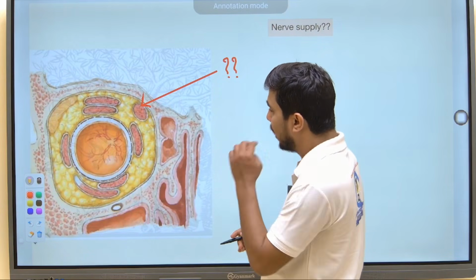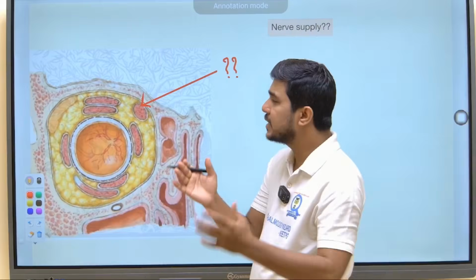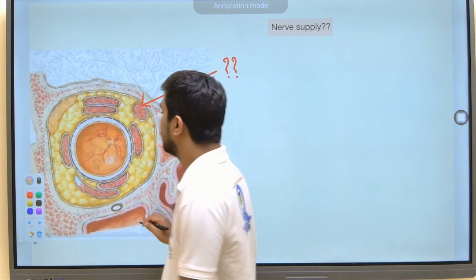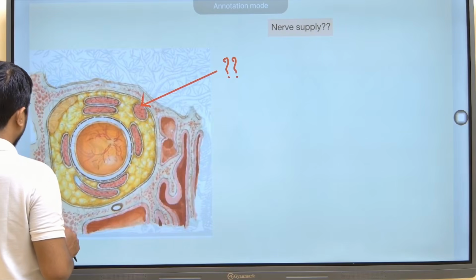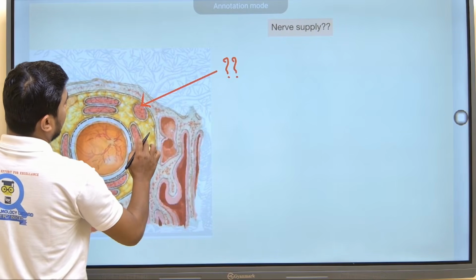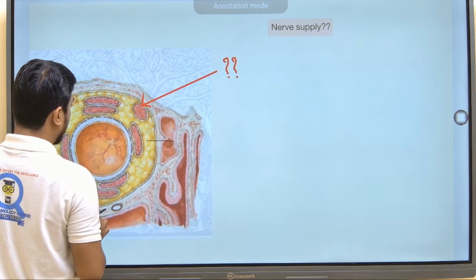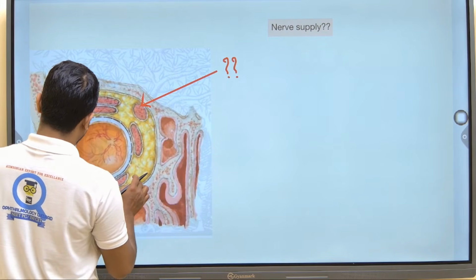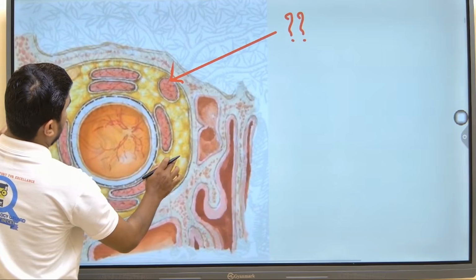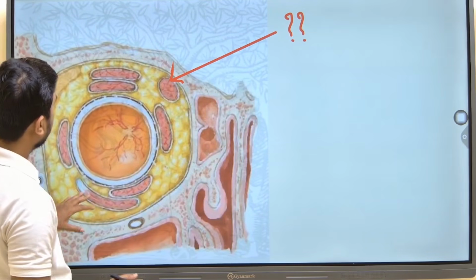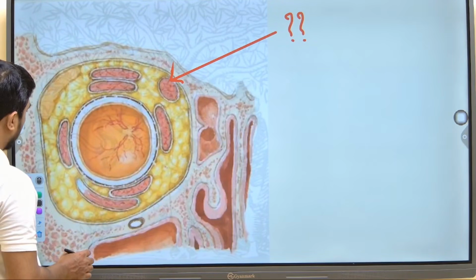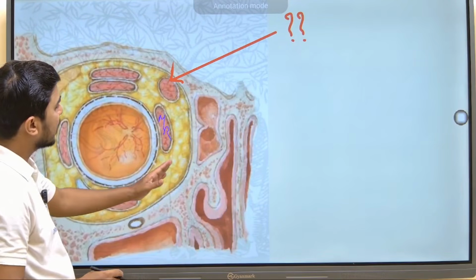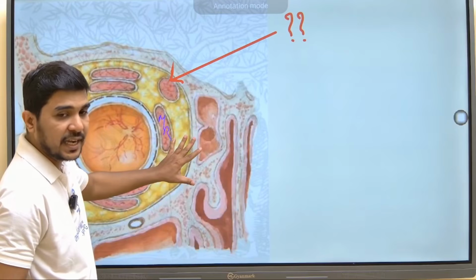Now our mind will say that this will be medial rectus because it is towards the nasal side.